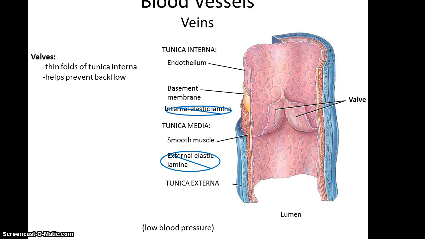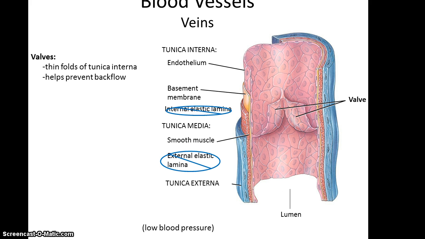Another distinct feature of veins is that they possess little valves throughout their length. These are basically thin folds of the tunica interna, of those endothelial cells. They act as little pockets, so if blood tries to flow back down a vein, the pocket fills, closes up, and the blood will not be able to backflow.